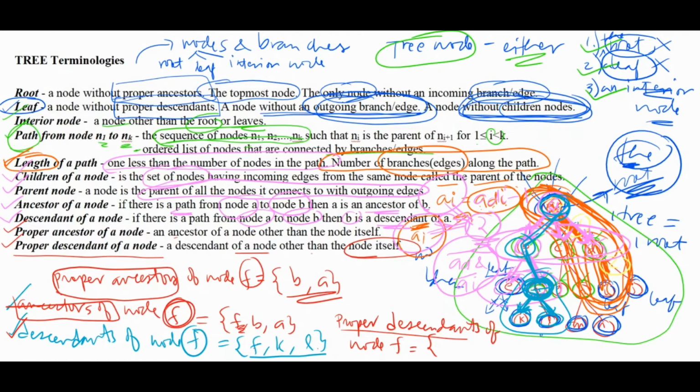That makes it the proper descendants of node F. If you remove F, you only have K and L.